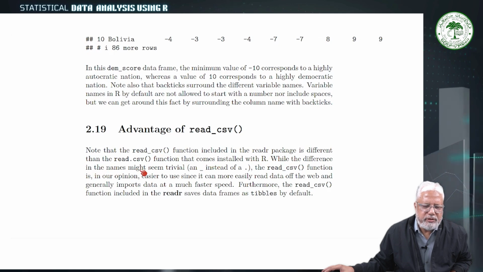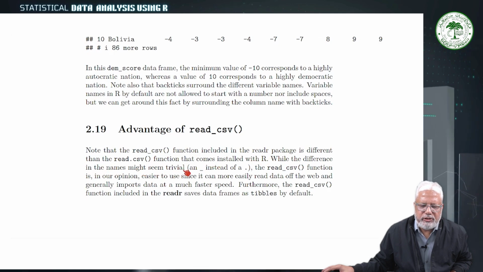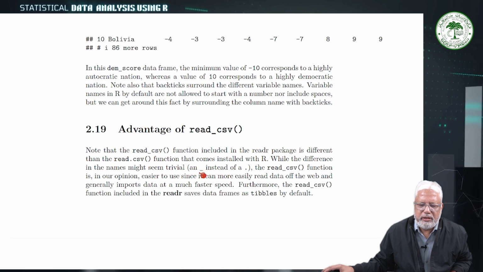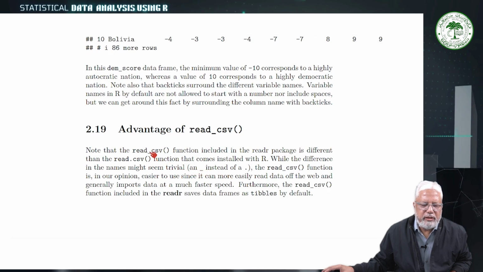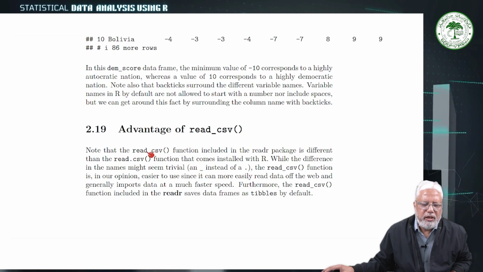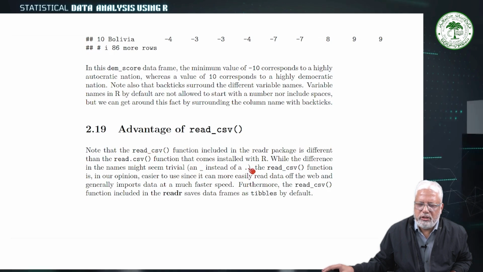The difference in the names might seem trivial: here we are using an underscore instead of a dot. Here read dot CSV, here read underscore CSV. So, this is the difference.